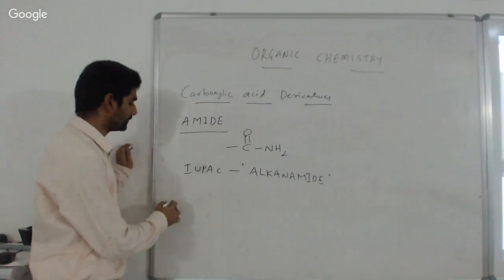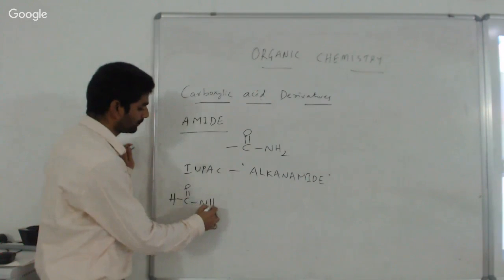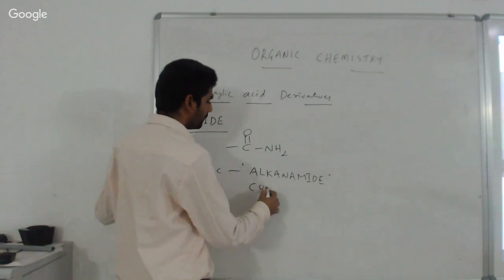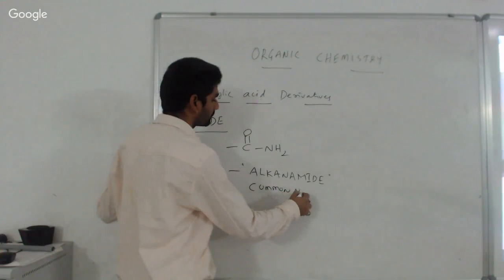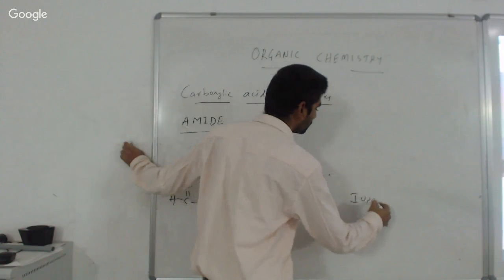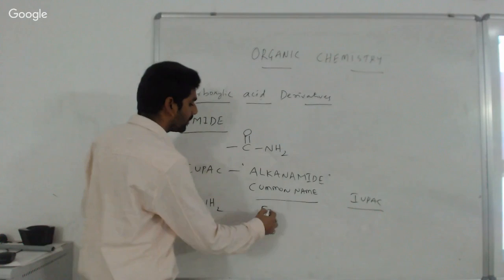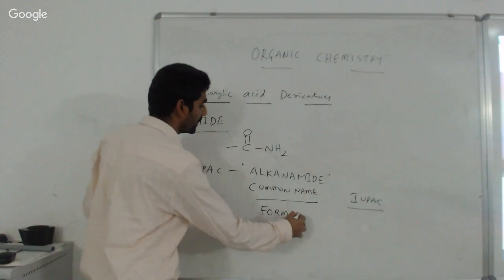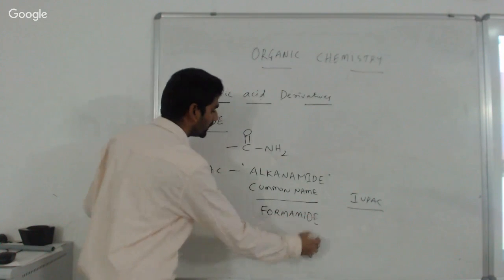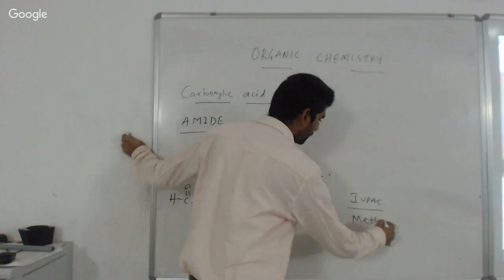Two examples. HC double bond O NH2: the common name is formamide, and methanamide is the IUPAC.